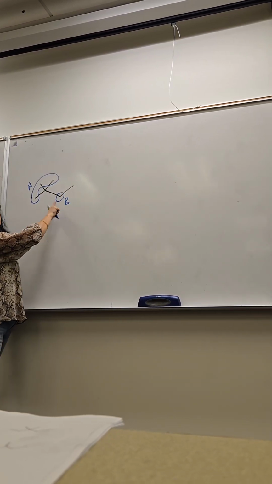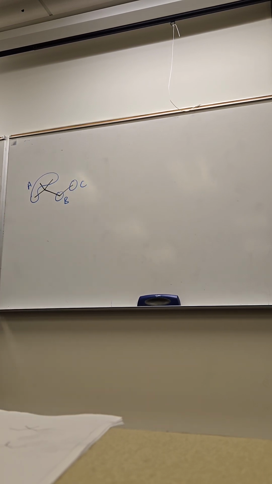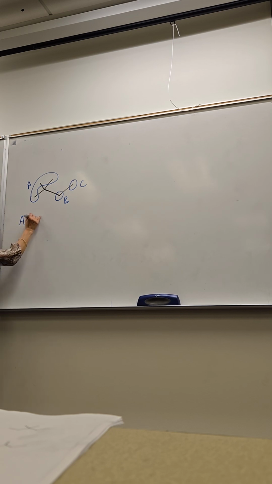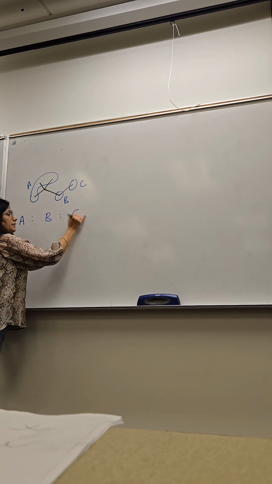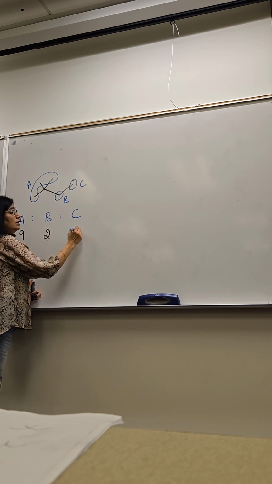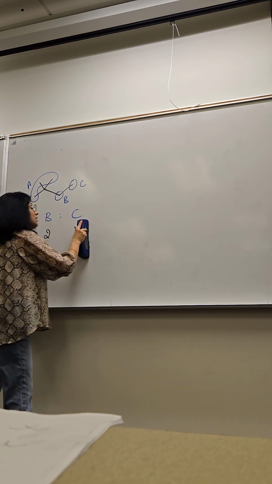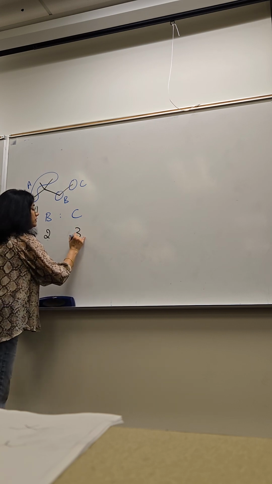They're enantiotopic, but NMR identical. And these are homotopic, agree? So now, what about the integration? So A, B, C. How many hydrogens are causing signal A? A total of 9. How about signal B? 2. How about signal C? 3.